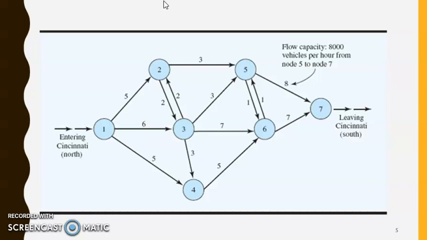It doesn't matter that here you have the capacity of 5,000. They are gonna create a queue here because the capacity here is 3,000. It doesn't matter that the capacity of 5, 7 is 8,000, because after 2, 5 the cars will get into 5, 7 with the capacity of 3,000.